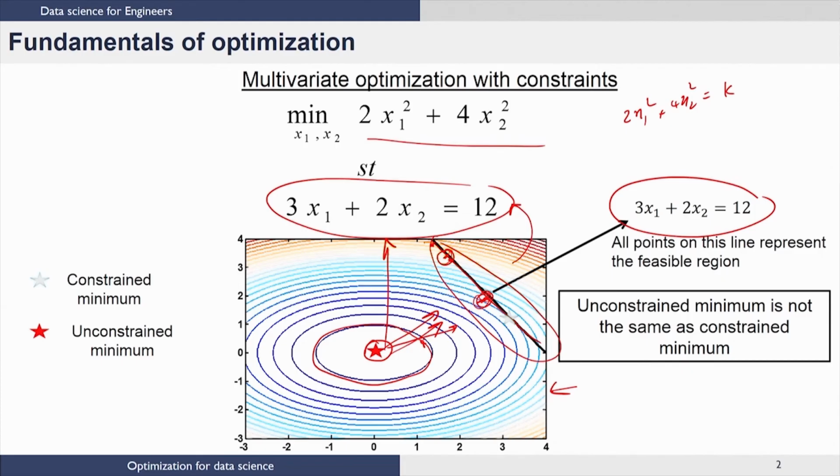Now, logically, if you keep extending this argument, you will see that, let us say this is the first point, I moved here, which is basically worse than this, because you see this is a contour which is going to be outside of this contour. I made my objective function worse, but I still am not satisfying the constraint. So, I give some more, I come to this point and I see a contour, and this point is worse than this because this contour is outside this contour.